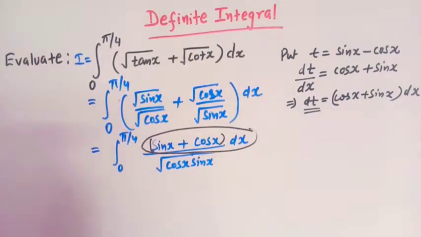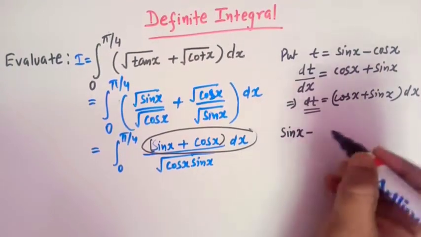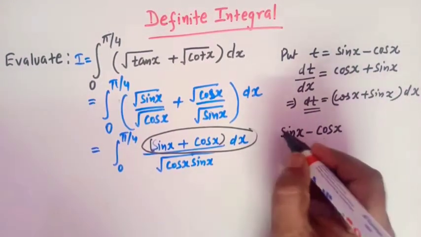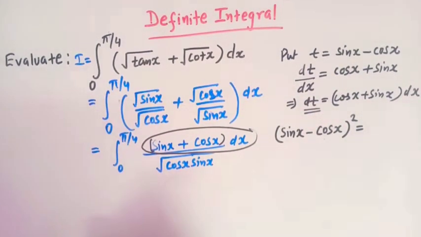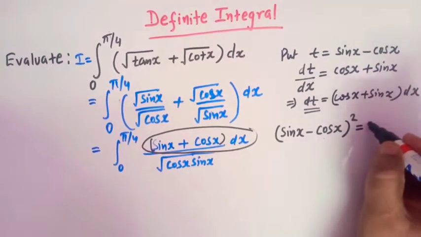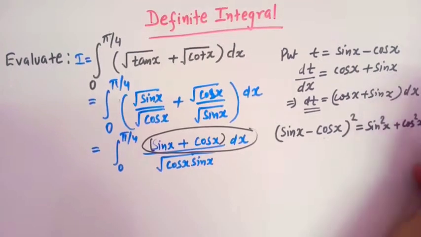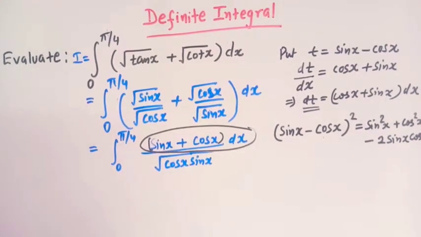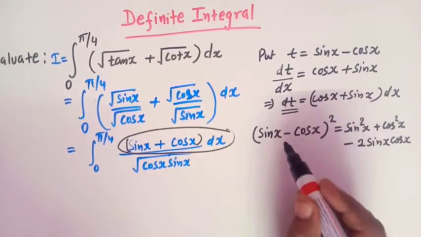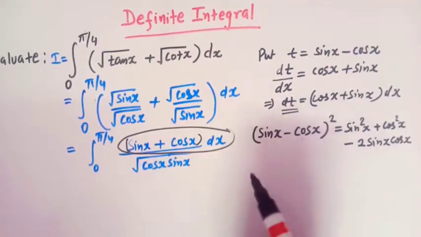For this we'll consider the square of sin x minus cos x, which is equal to sin square x plus cos square x minus 2 sin x cos x.